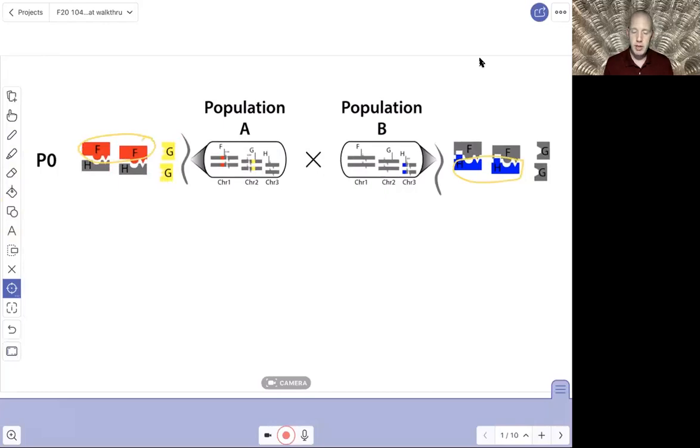In population B, it's homozygous for the blue mutation in gene H, which creates a slightly different version or shape of protein H. And so within the context of population B, with the wild type or ancestral version of F shown in gray, and the new derived or blue version of gene H, those proteins can still fit together and interact and conduct cellular business.